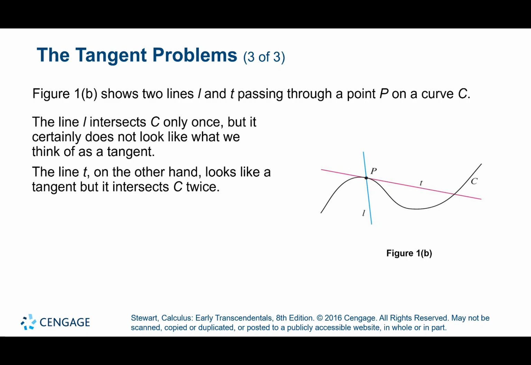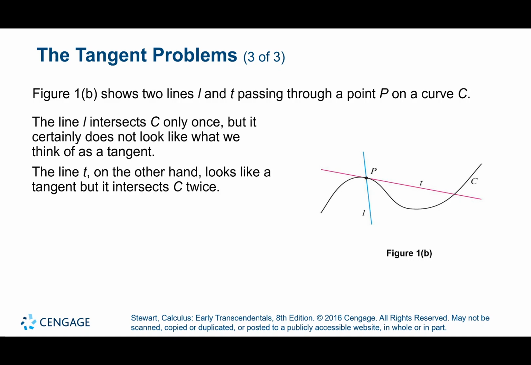And for sure, the pink line touches our graph at point P there, but what's the issue with our proposed idea that it just touches our curve one time? Why is that messed up by the pink line?